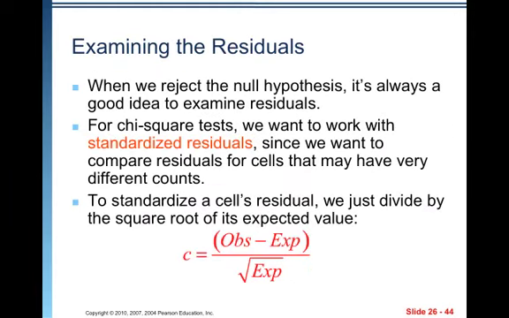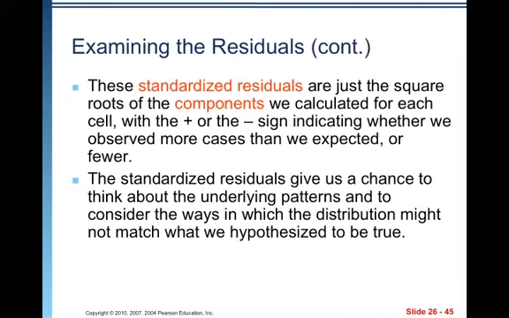All right, you still want to examine the residuals because that's going to give you an idea of why we reject the null hypothesis when that happens. For chi-square tests, we want to work with standardized residuals since we want to compare residuals for cells that may come from very different counts. So to standardize, we just divide the residual by the square root of the expected value.